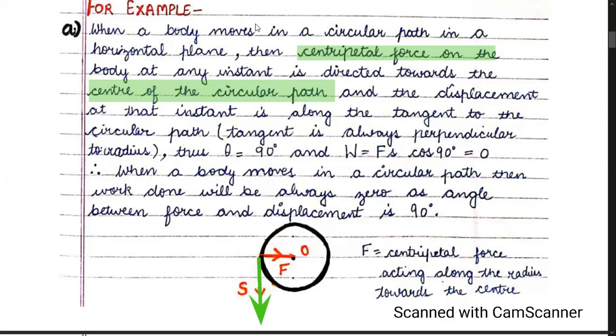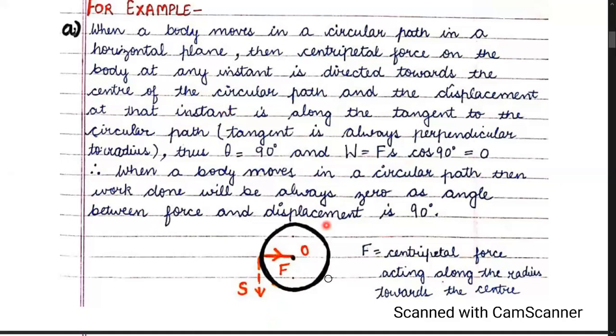Now children, this is a property of a circle that radius is always perpendicular to tangent. Radius and tangent are perpendicular to each other. So you can see that angle between force and displacement is 90 degree. So that means that when a body moves in a circular path, then work done will be always zero. Why?